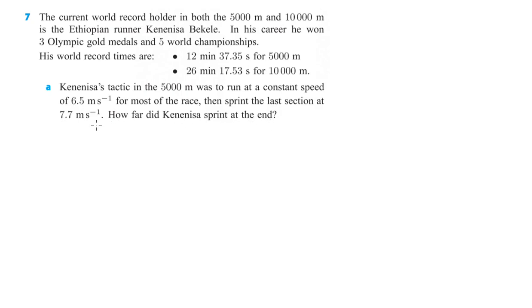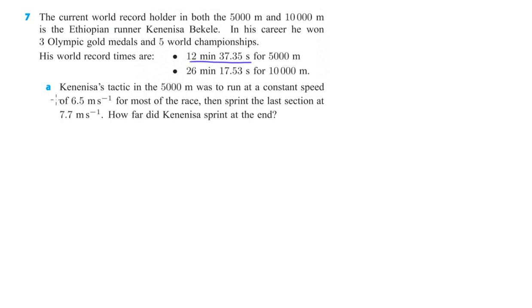Okay, so we know that. Let's see. If he were to run at these rates, he came up with 12 minutes, 37.35 seconds for the 5,000. We're going to be using this info up here to help us with that, right?